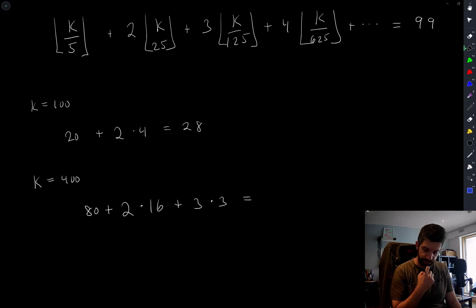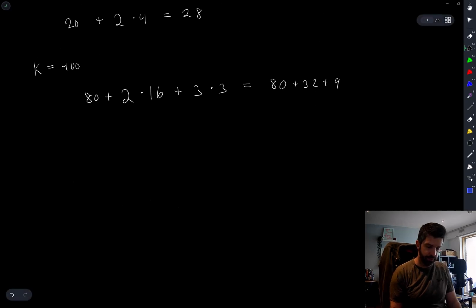What is this equal to? 80 plus 32 plus 9. That's too big. So it's again going to be less than 400.